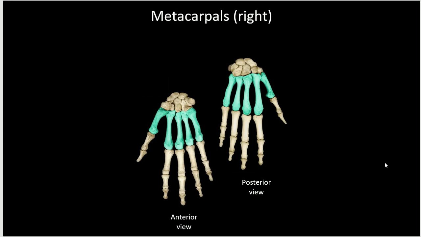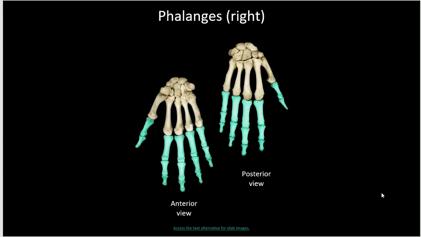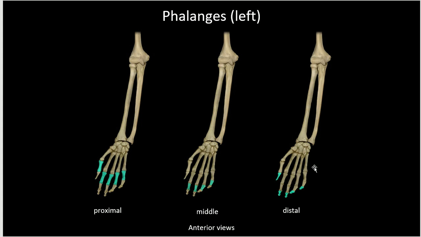Metacarpals. So here are our metacarpals, 1 through 5, from thumb to pinky. So 1, 2, 3, 4, 5. Here are our phalanges. So this is what we're talking about when we're talking about proximal, middle, and distal. Proximal bones, middle bones, distal bones.